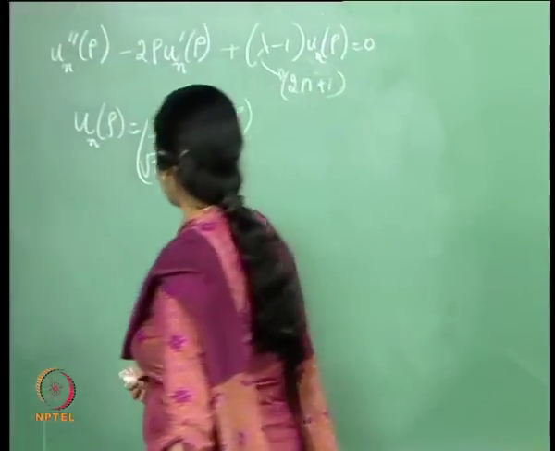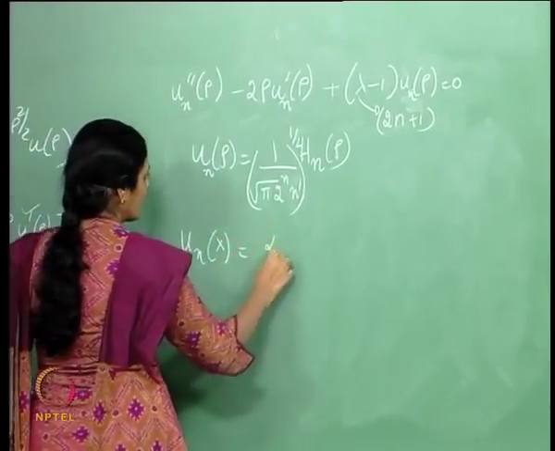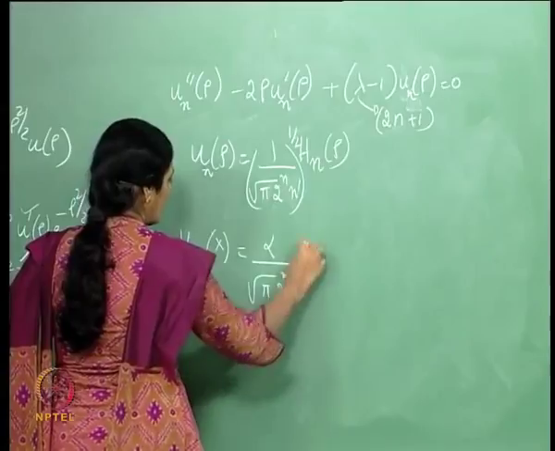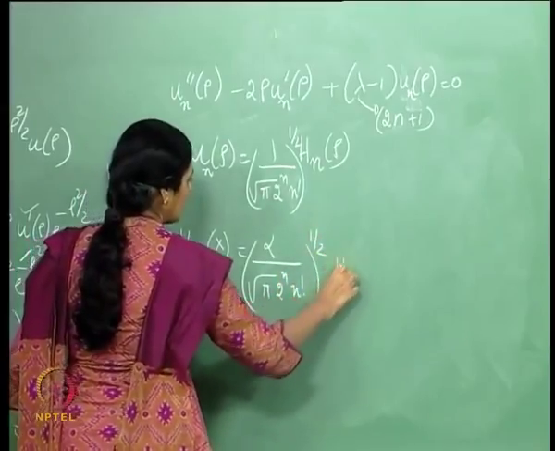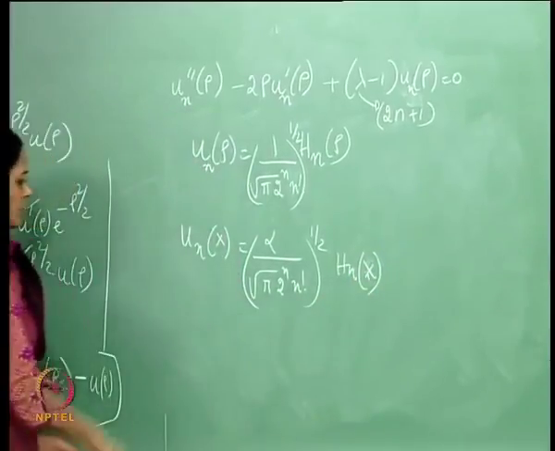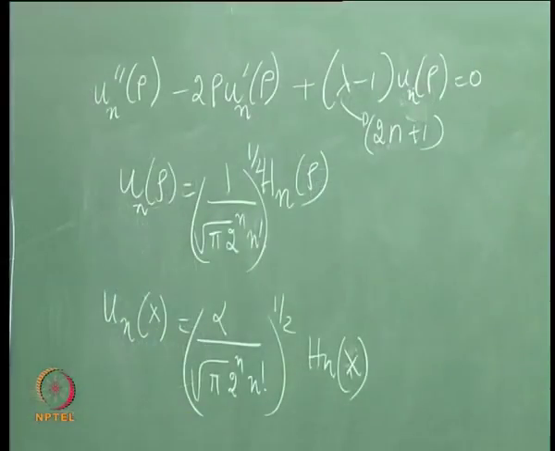I need un of x, and since rho is equal to alpha x, un of x is alpha by root pi 2 to the power of n factorial to the power of half Hn of x. So this is what I have, and this is normalized to unity.